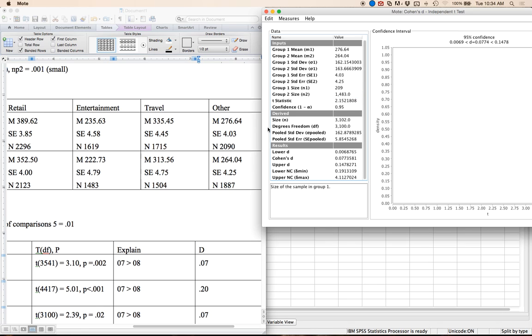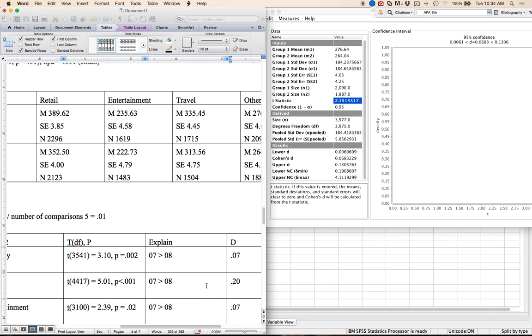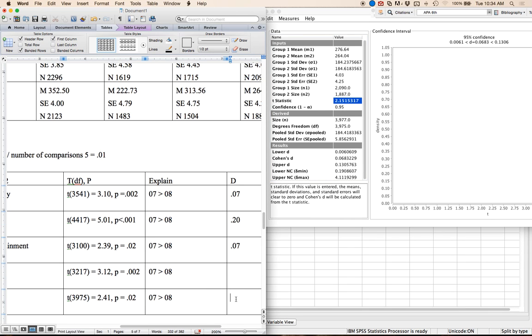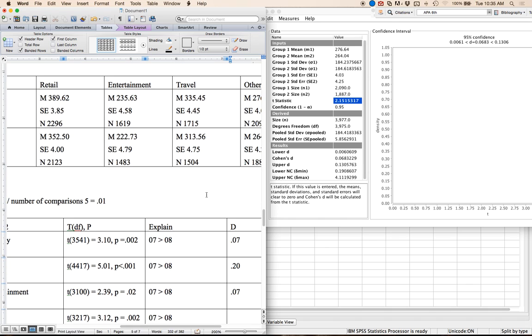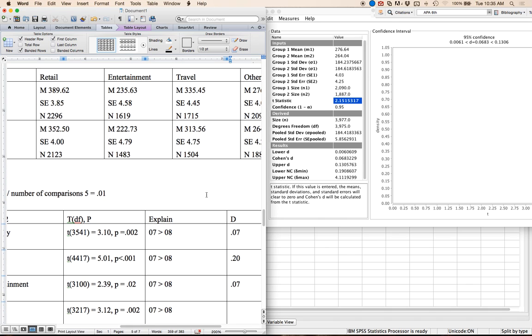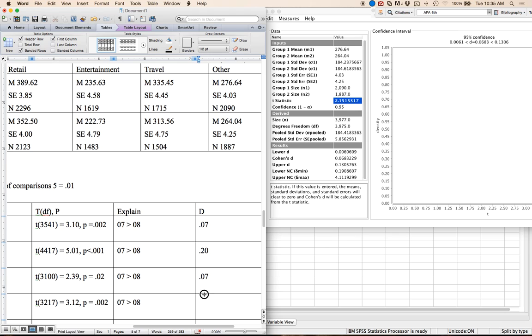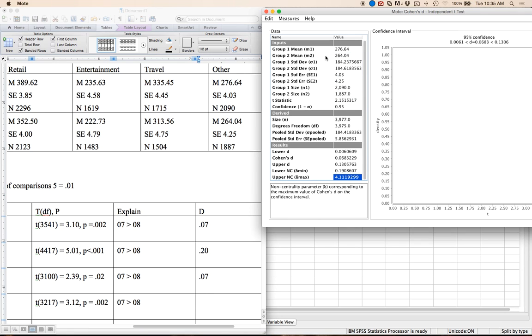Okay, 2090 and 1887. There we go. Okay, and 0.13. Oh, I skipped one. I think I just did other. Right? Okay, I skipped travel. Sorry about that. Okay.